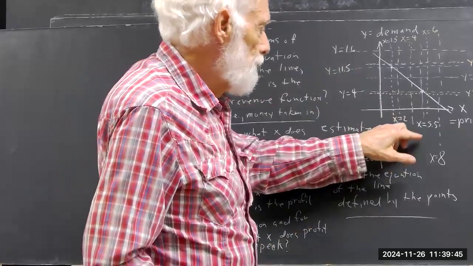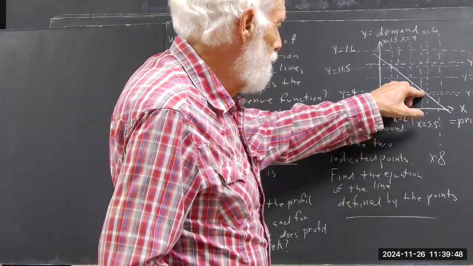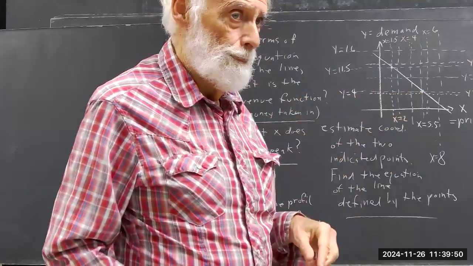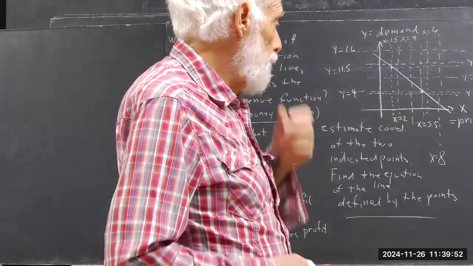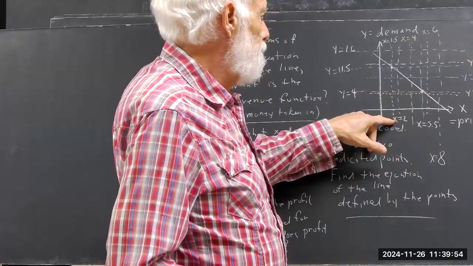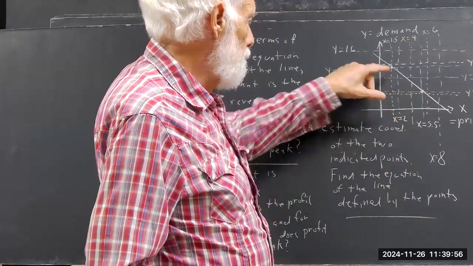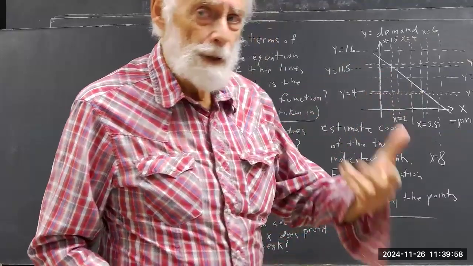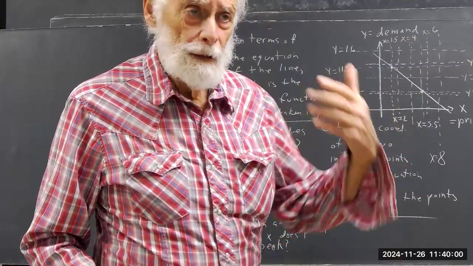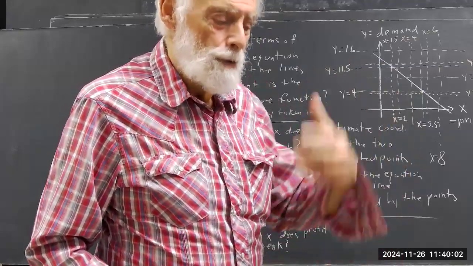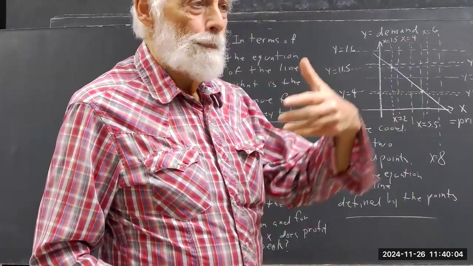Okay, so again, we set the price at 5.5, we sell 4 of them. Well, you know, what happens? So set the price at 1.5 and you sell 11.5. How much money do you get by selling 11.5 at 1.5 per unit?